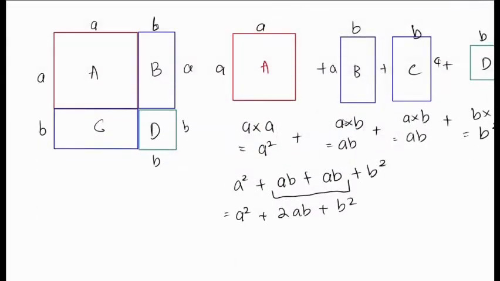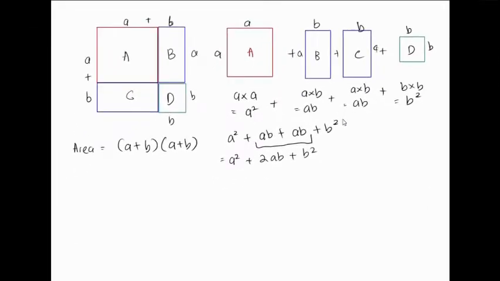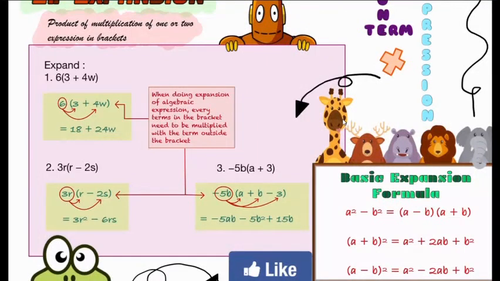We can actually just calculate the area of the big square, since the length here is A plus B, and this length is also A plus B. So you just multiply this side with this side, and the area should be A plus B times A plus B. This is where we can use expansion in this topic.